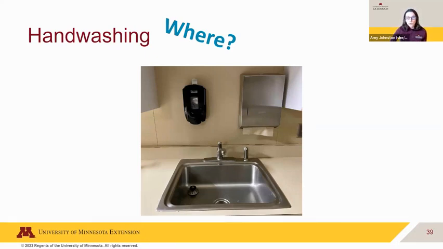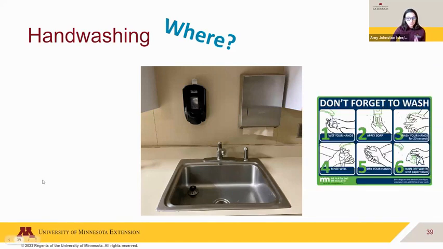It's stocked with soap and paper towels. And posting hand washing signage is a way to remind everybody how to wash their hands and is required in many food businesses. Rick is sharing a link in the chat to the Minnesota Department of Health website that has many different hand washing signs that are free to print and download. And there's a few different options that are in multiple languages as well.